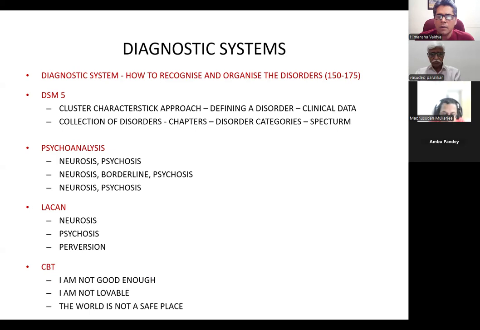So this is the broad approach of DSM, where clinical data is at the root of naming, diagnosing, and organizing disorders. So you see this 150 to 175 disorders are organized in practically 22 or 23 chapters, out of which 4 to 5 chapters, or almost 6 chapters you can say, are biologically heavy in terms of causality.